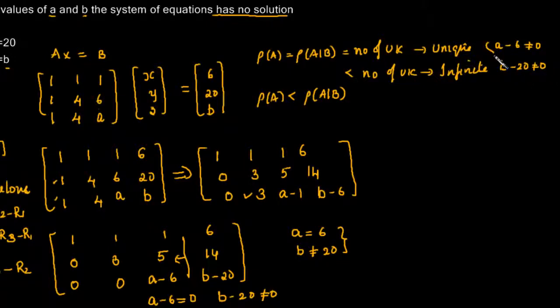Okay, this is the case for the system of equations to have a unique solution. Now for an infinite number of solutions, we must have the rank same, but it should be less than the number of unknowns. So a minus 6 should be 0 and b minus 20 should also be 0. In this case, this system of equations will have an infinite number of solutions. These are the 3 possible cases.